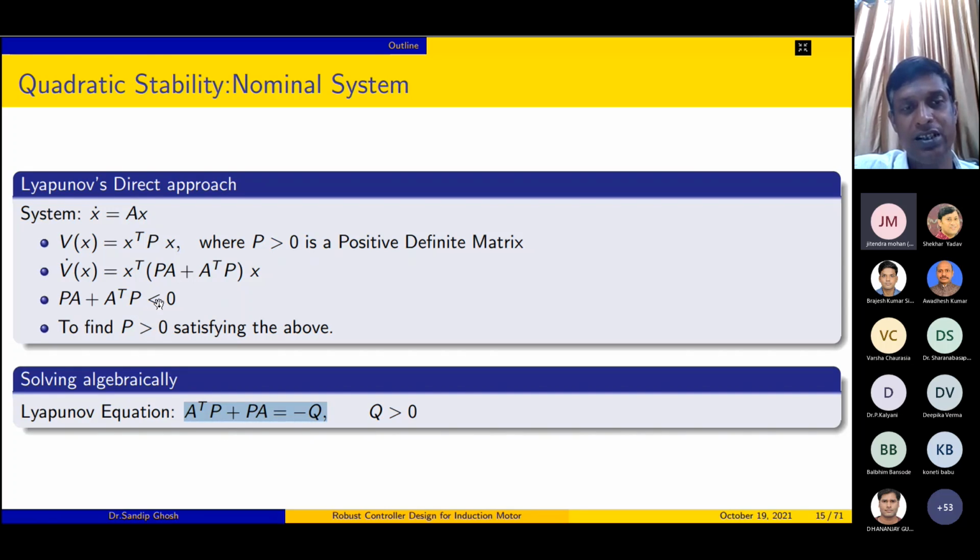But when you define this as an inequality, there could be several solutions of that P from that set of feasibility, or the feasible solution, right? So this option remains open, that it defines a set of feasible solutions for P, right? And you can augment several other constraints by specifying the performance corresponding to a particular control objective, right?